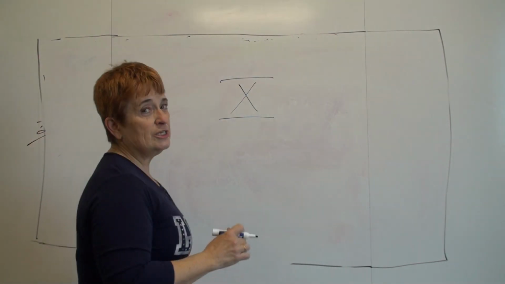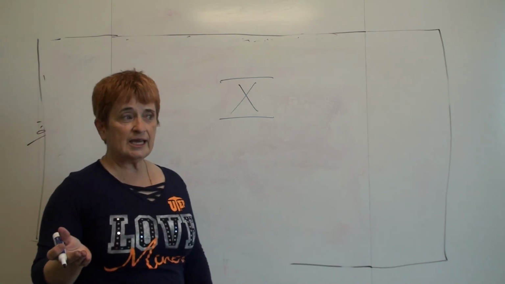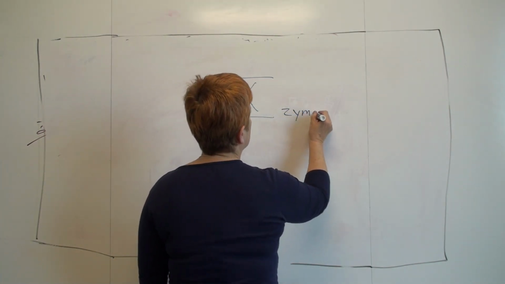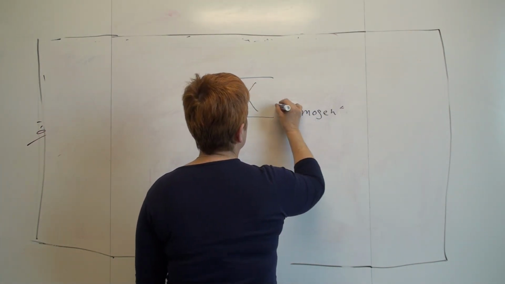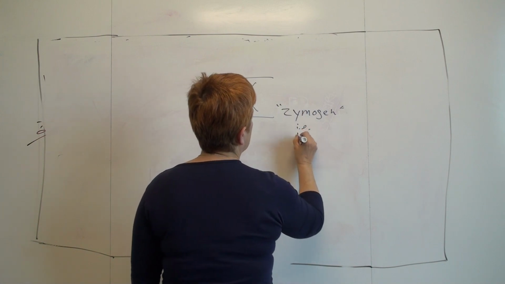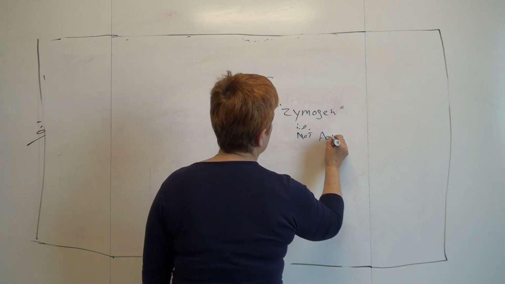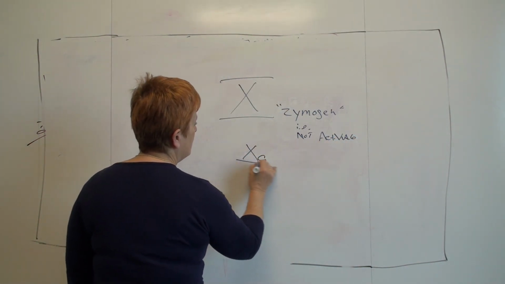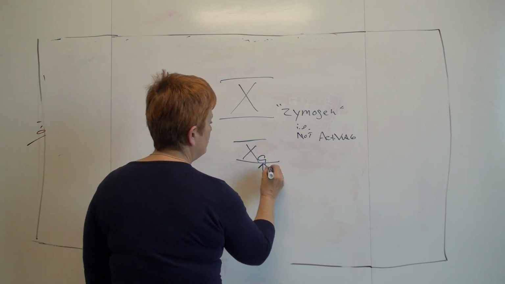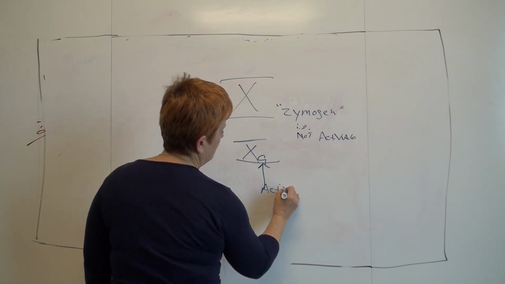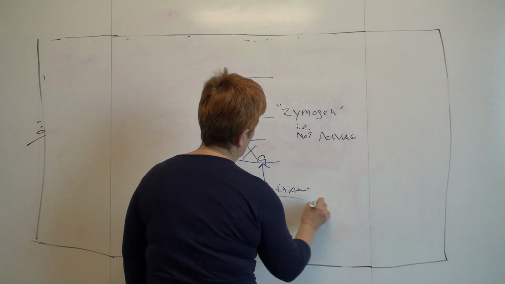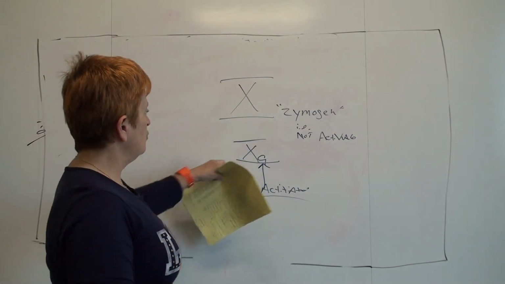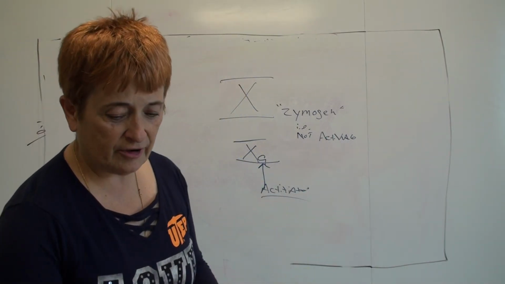If I write factor 10 like that, it means that it's just factor 10 and it's a zymogen, i.e. not activated. In order to show that it is activated, I have to put an A by it. So no A means zymogen; with an A means it's activated.